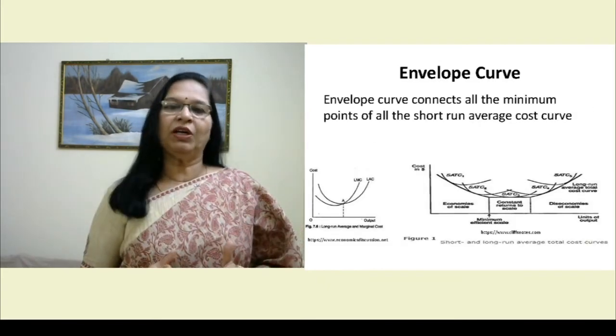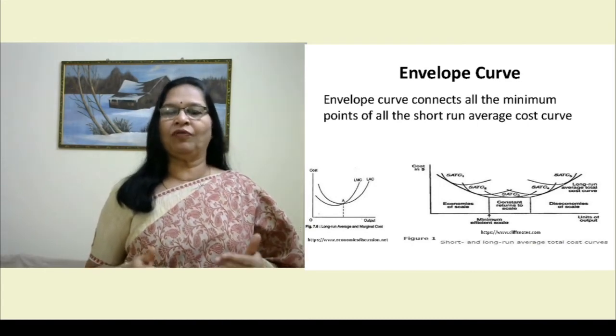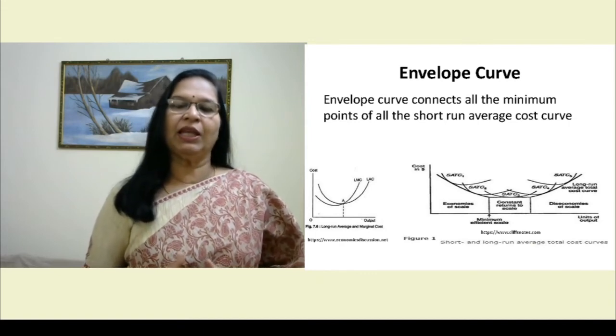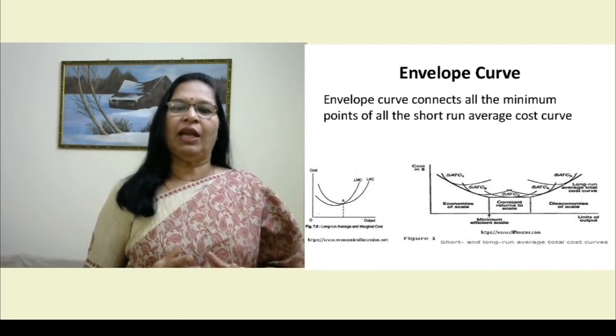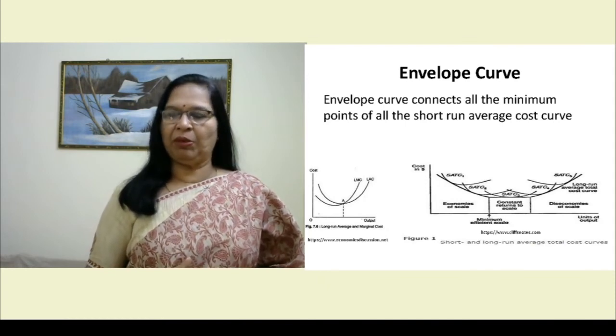The envelope curve connects all the minimum points of the short run cost curves. So in the first diagram, you can see the marginal cost is intersecting the long run average cost at its minimum.